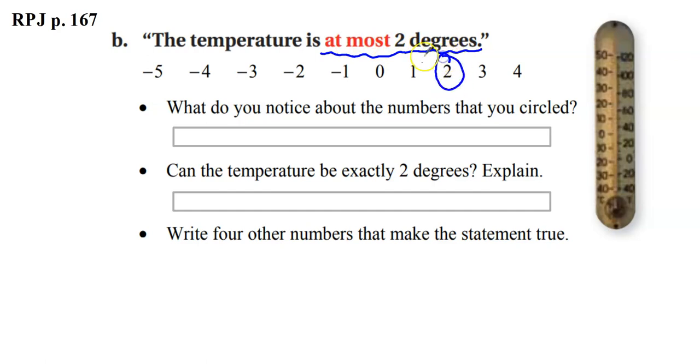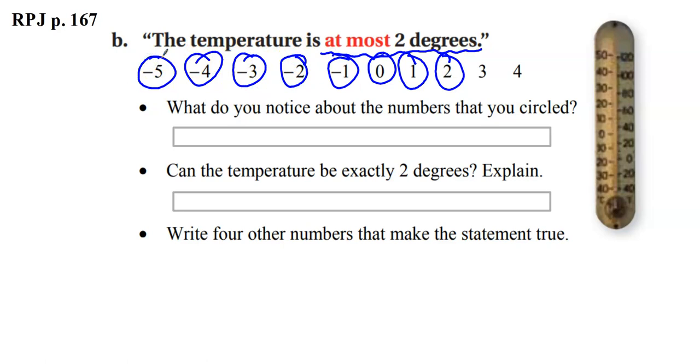So I could circle the 2, and then I'm going backwards and circling all of the numbers that are less than 2, because at most is kind of like a maximum. So it's like a maximum limit. So that's why I couldn't circle 3 and 4. And then go ahead and pause the video and see if you can answer the other questions.